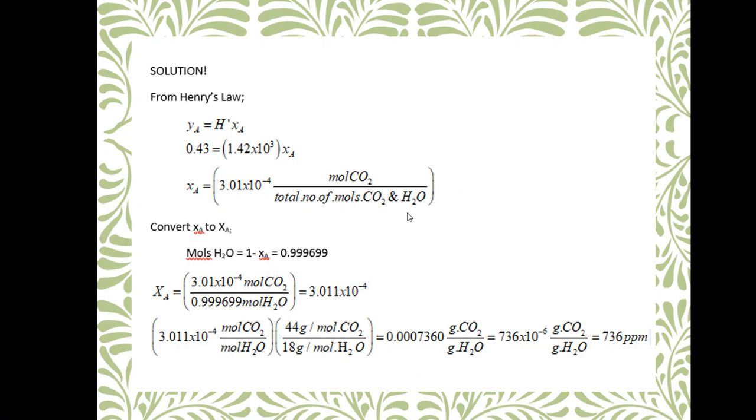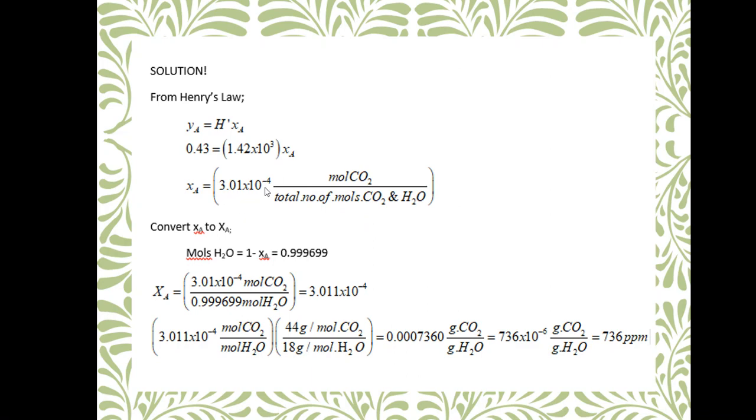So first, we need to determine the mole ratio, meaning the ratio of moles of CO2 to moles of water in our system based on this particular mole fraction. This implies that for a total number of moles of 1 for CO2 and water, your moles of CO2 is only 3.01 times 10 raised to negative 4.